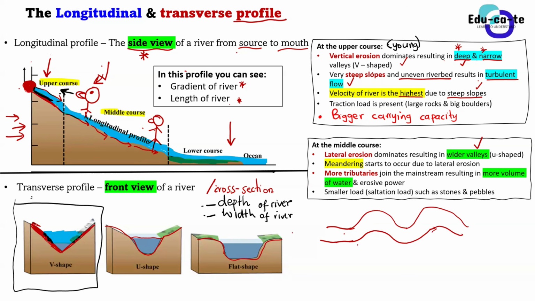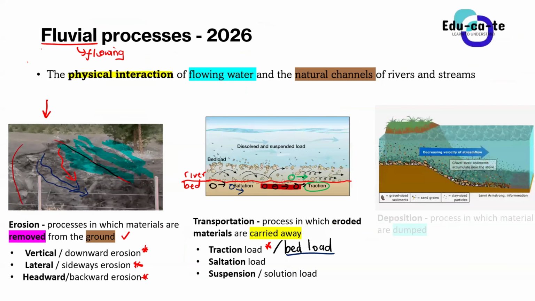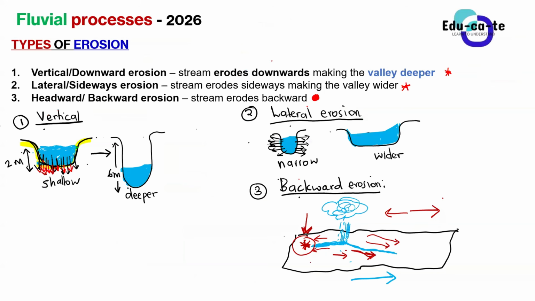So at the middle course, lateral erosion dominates, meaning that your valleys are going to become wider, because I already explained to you guys that when we're having lateral erosion, the water or the stream is eroding sideways. So it is kind of making the river valley more open.